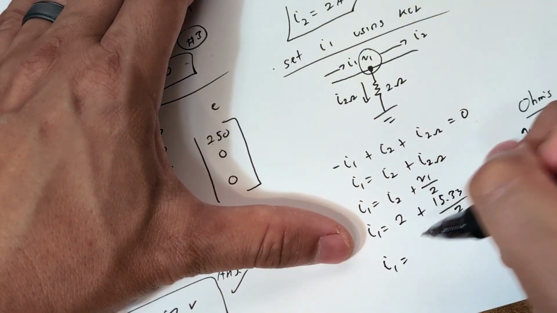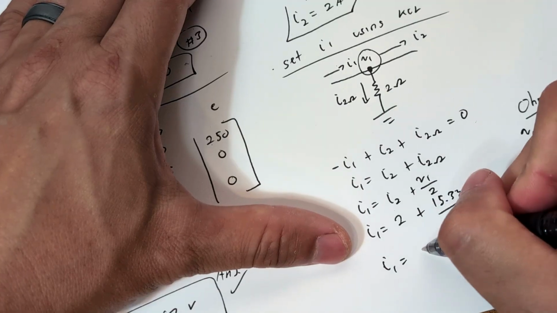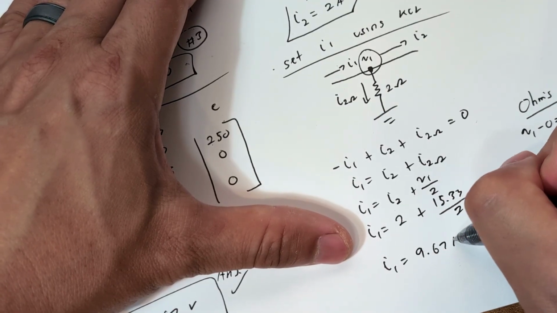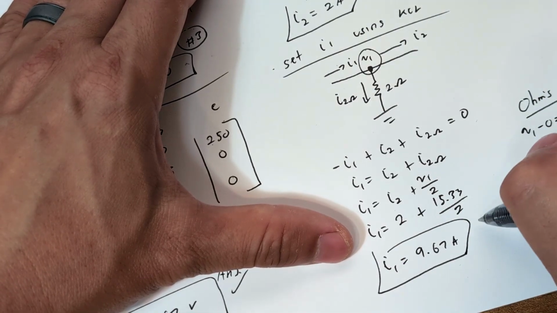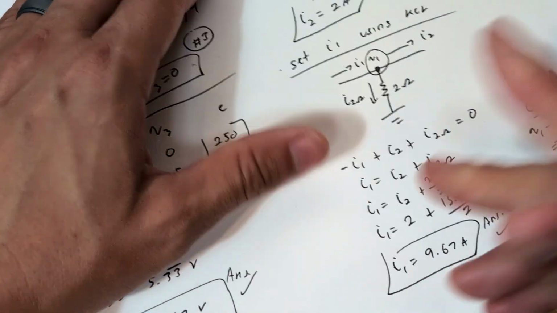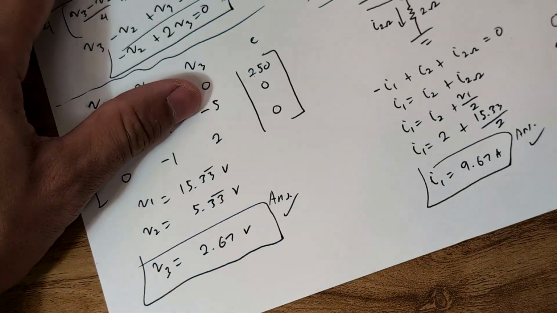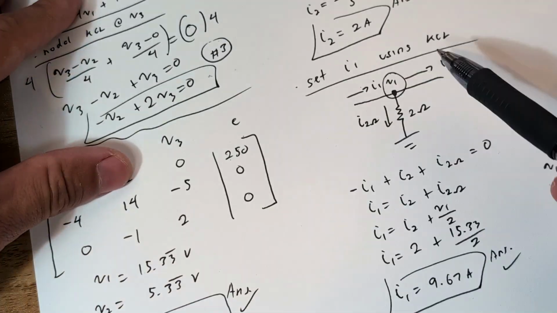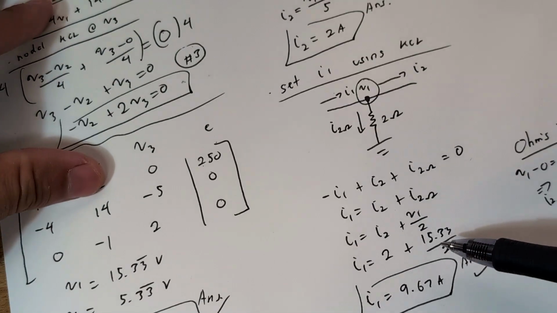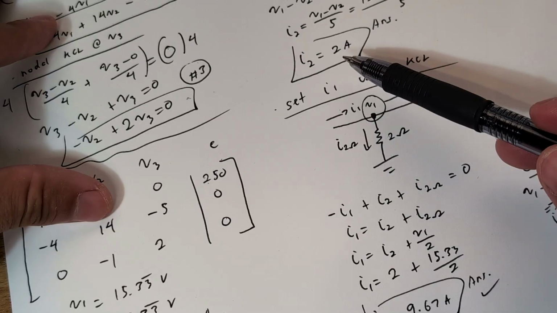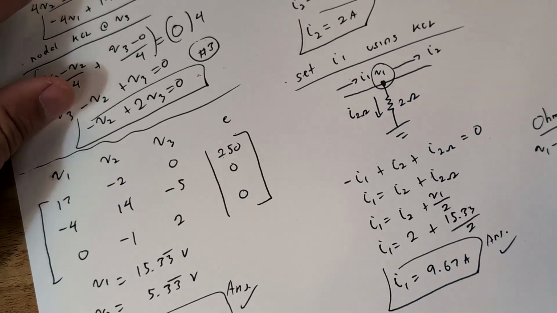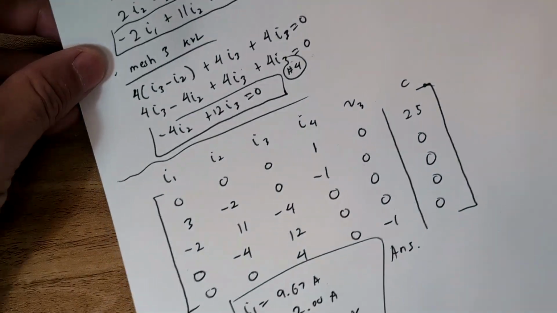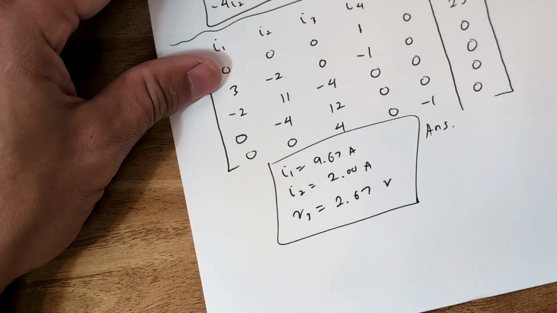And then you'll find that I sub 1 equals 9.67 amps, which is very consistent with what we got beforehand. So these are your answers. 2.67 for V3, 9.67 for I1, and I2 is 2 amps. And if you go back to our mesh analysis earlier, we have the same answers.